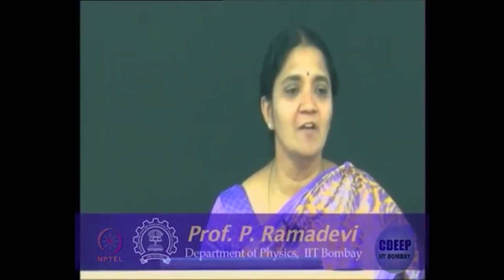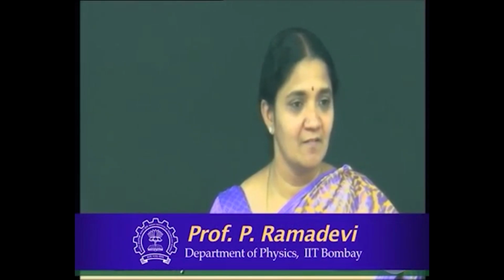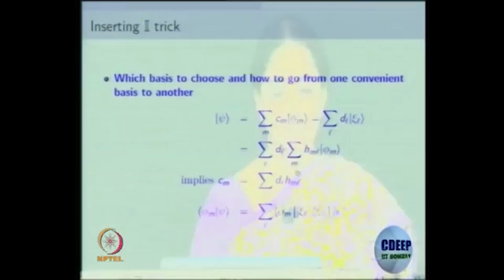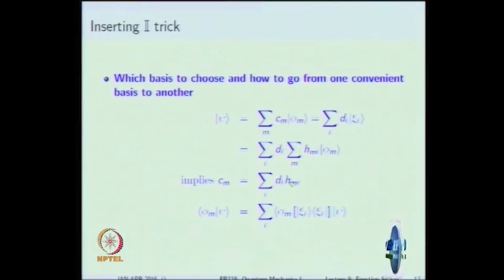It's much more convenient to work with the xi l basis. If suppose you have things only on the x and y, it's much easier to work with the phi basis. Okay, so depending on the convenience of a situation, you may be able to go from one basis to the other basis. So this equation is from one basis to the other basis for an arbitrary state. It is nothing but this coefficient, if you insert a unit operator in the other basis, that will give you this relation.